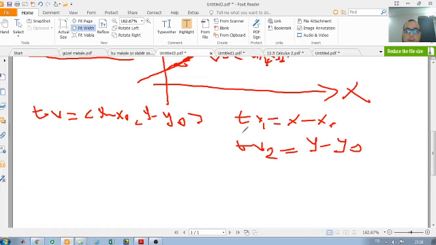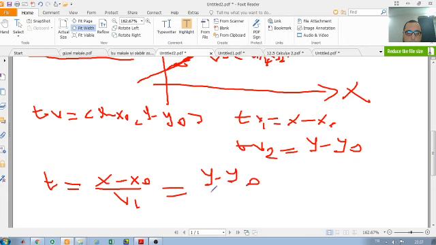By finding t from each equation, we obtain a common number t as (x minus x0) over v1 equals (y minus y0) over v2.